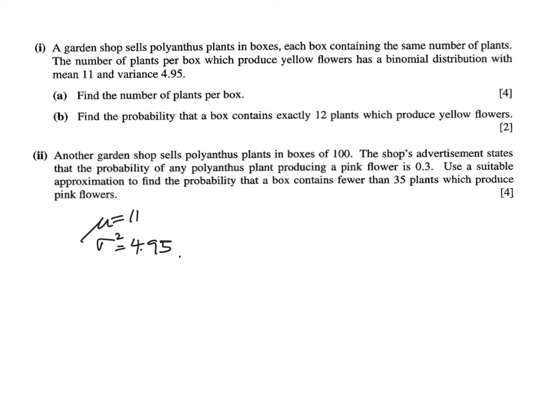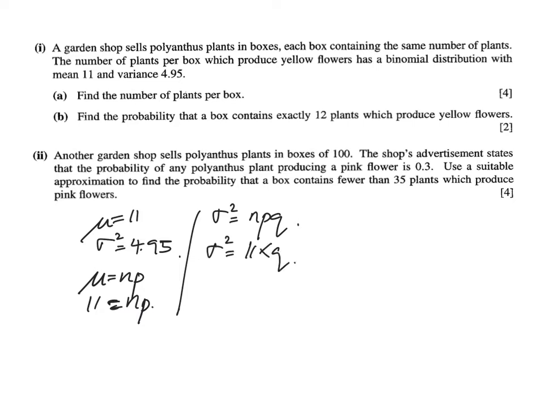So we know for a binomial distribution mu equals np. Mu is 11, n is what I want to find, which I don't know, and p is also not known yet. So I can use the variance formula, where variance equals npq. If np is 11, variance equals 11 times q, and the variance is given as 4.95.